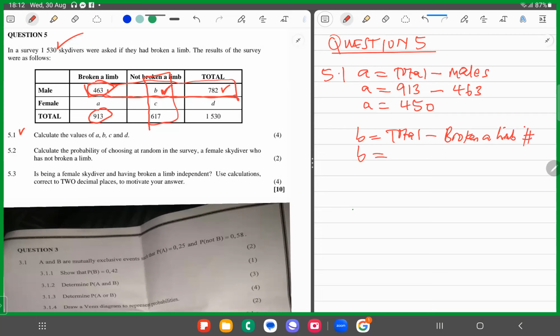What is the total number there? The total is 782 minus 463, the broken limb number. Use a calculator. If you use a calculator, 782 minus 463, we get 319. So that's what we get.